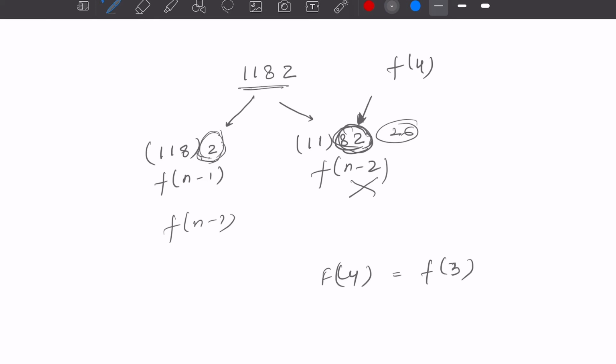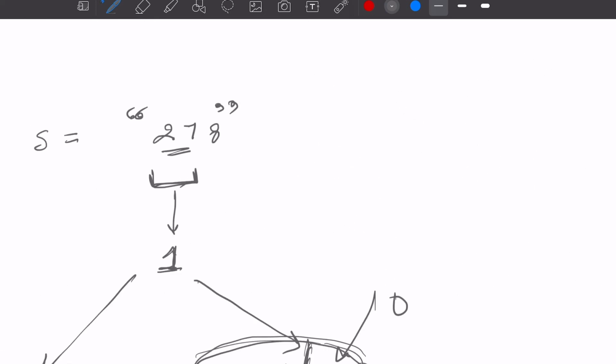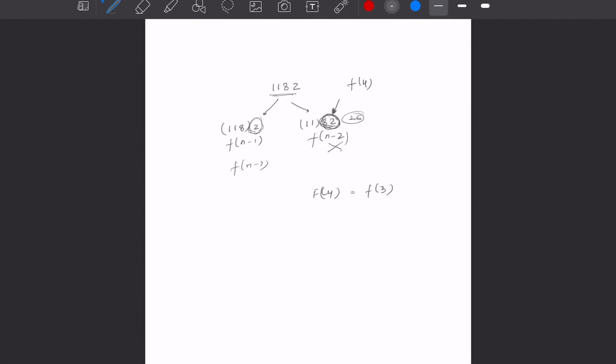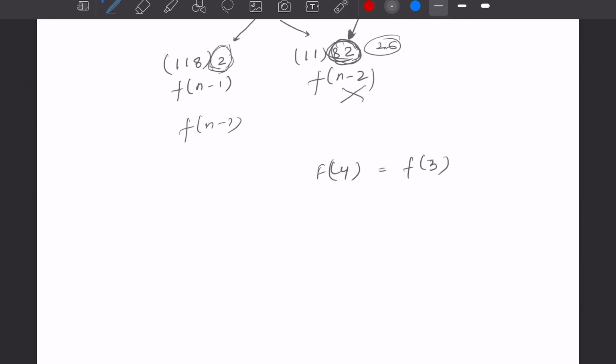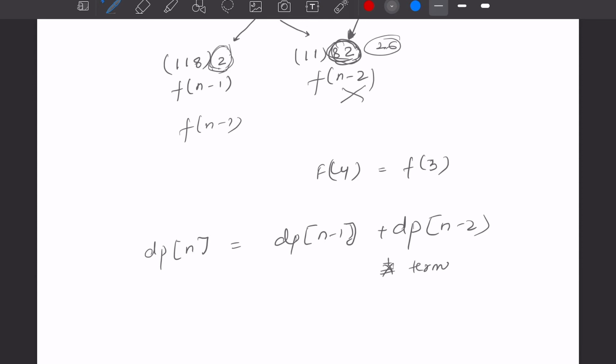I hope you understood this part, right? How we are calculating dp of n by combining dp of n minus 1 plus dp of n minus 2 with some terms and conditions, right?